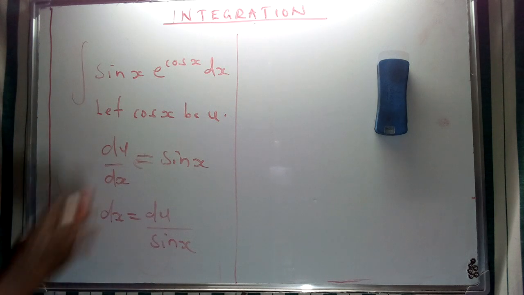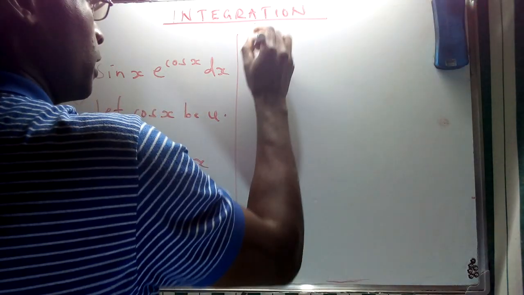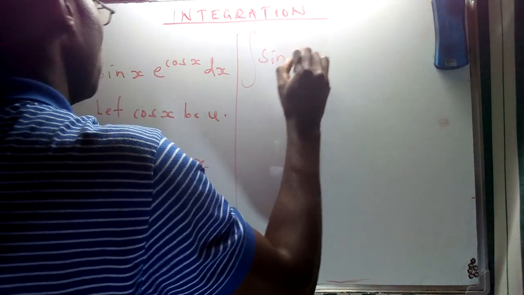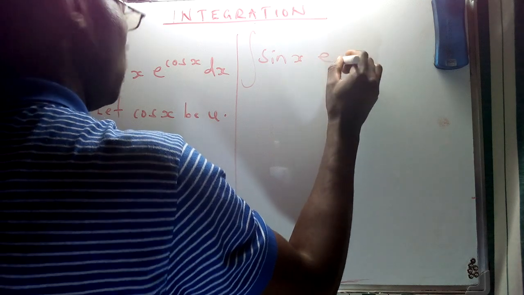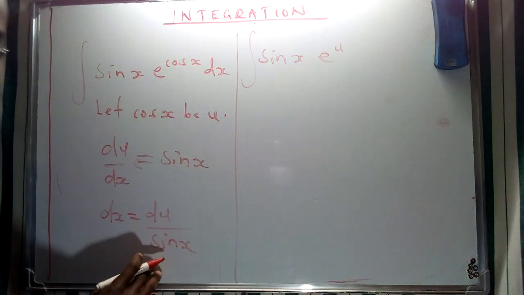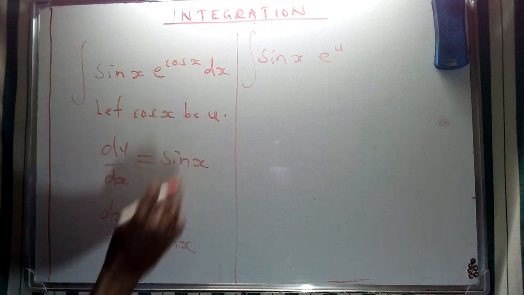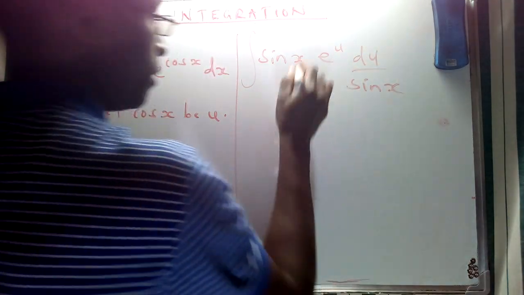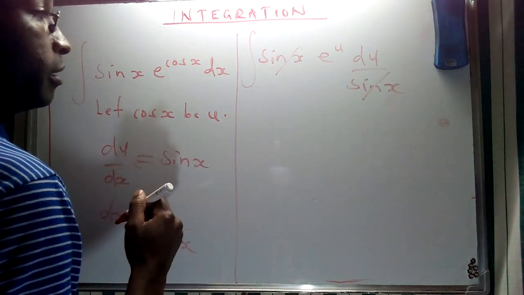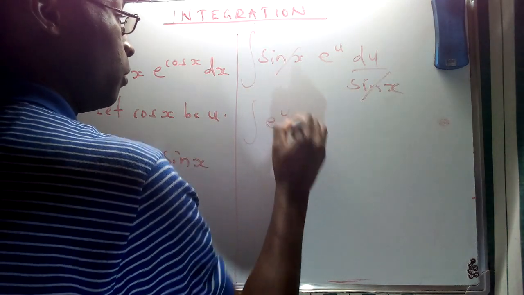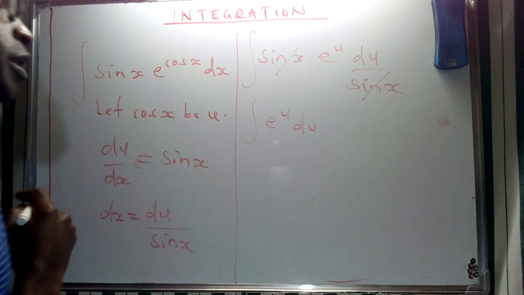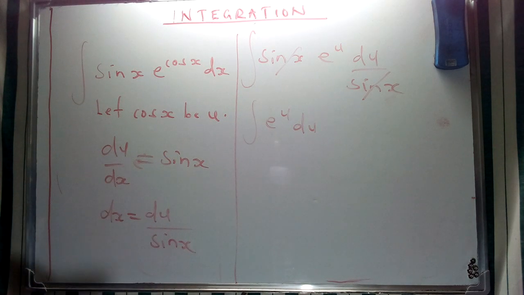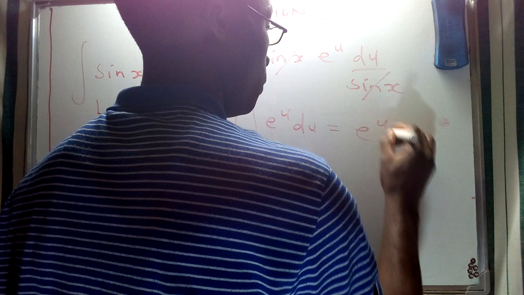And in our case here, we can write our expression as the integral of sine of x e^u, then for dx we are going to have du over sine of x, and this sine of x is going to cancel out and give us the integral of e^u du, which basically is going to be solved using the simple exponential rule that we had mentioned, and therefore this is going to give us e^u plus c.